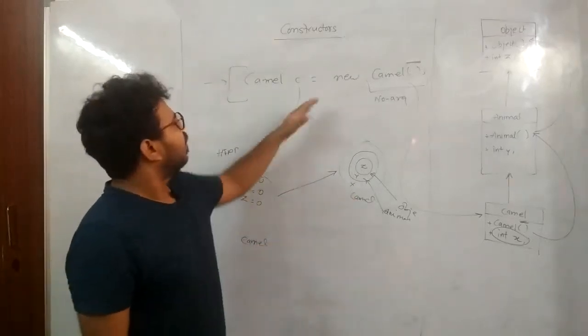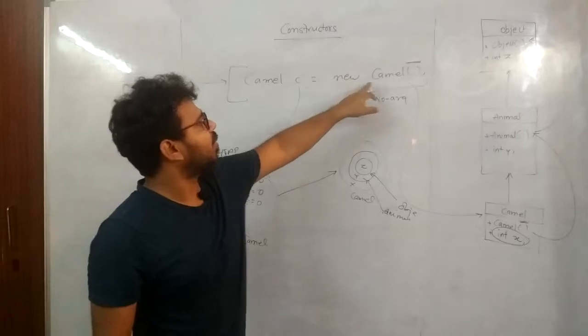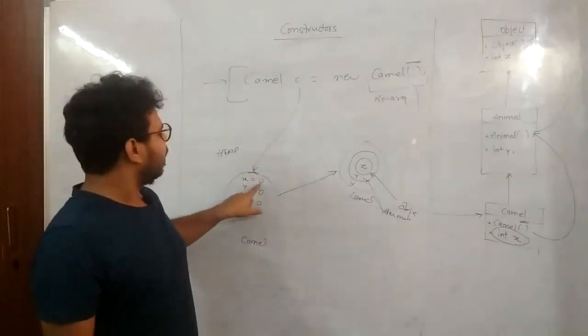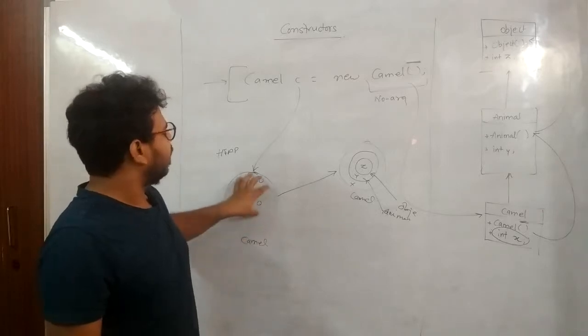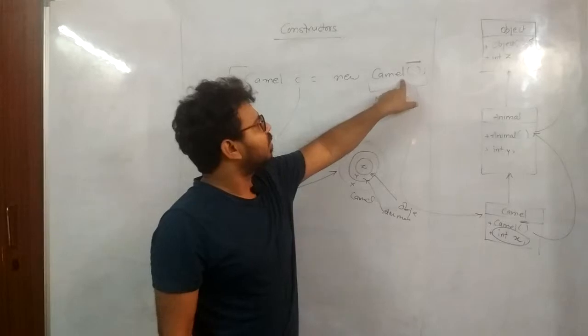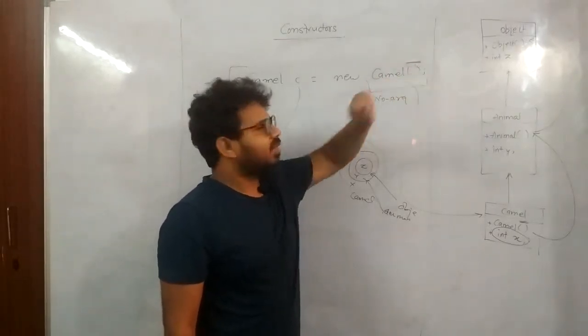Now think of this line, the new camel constructor. The object is created here, and we have default values. Now we are going to call the no argument camel constructor.